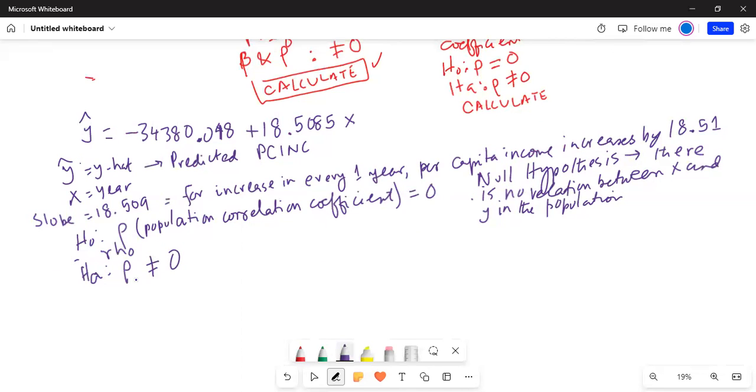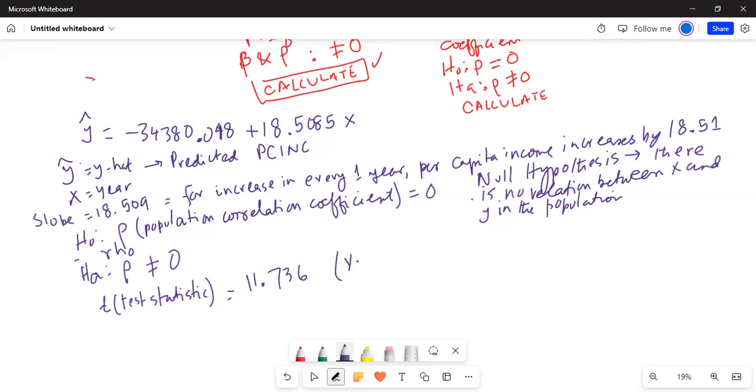So we calculate a test statistic. The test statistic is T, which is in my calculator screen. So T, test statistic, is 11.736. What is a test statistic?